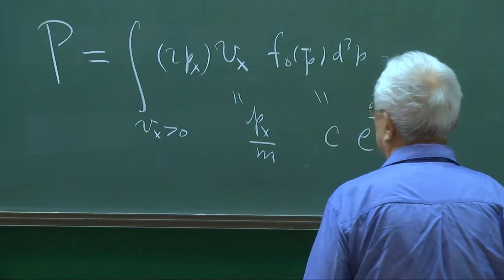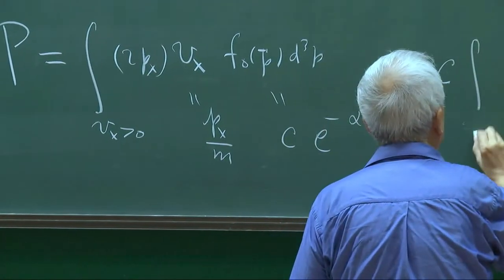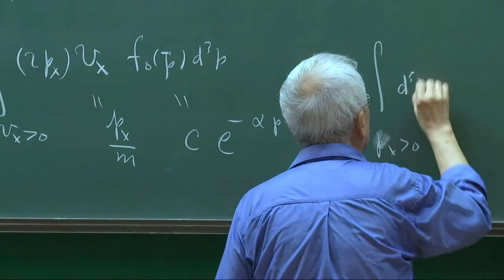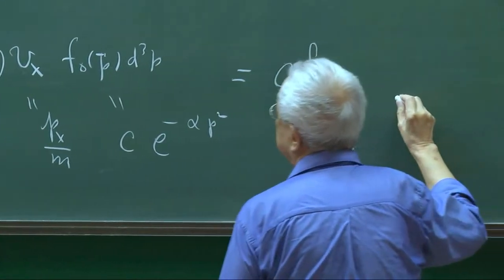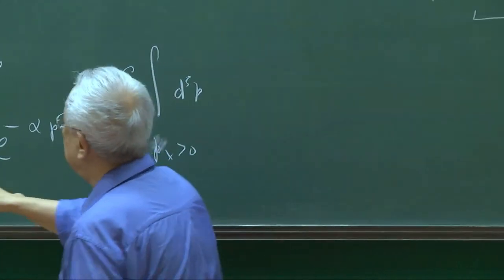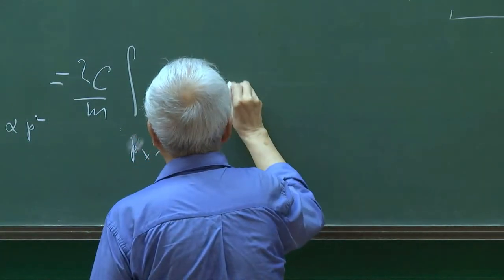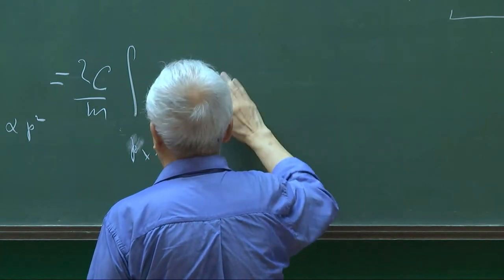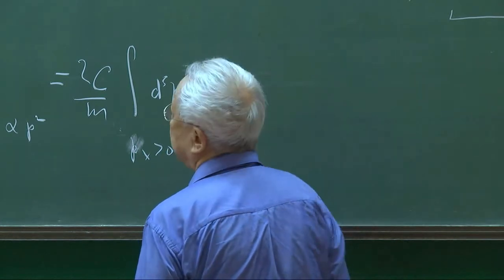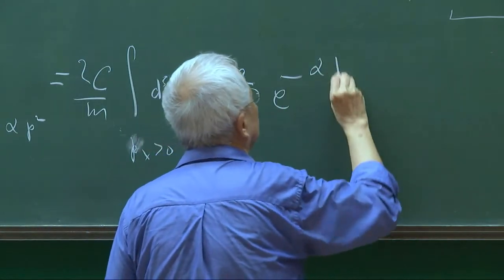So this is equal to c times integral, px greater than 0, d³p, times 2 over m, times px squared, with the 2px, times e to the minus alpha p squared.